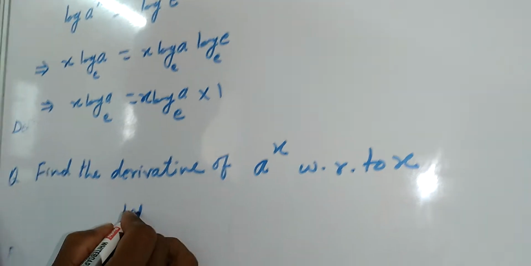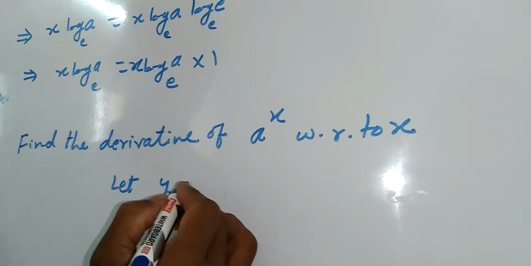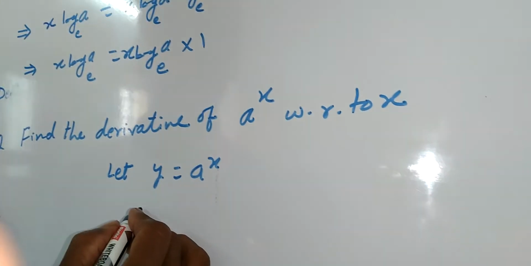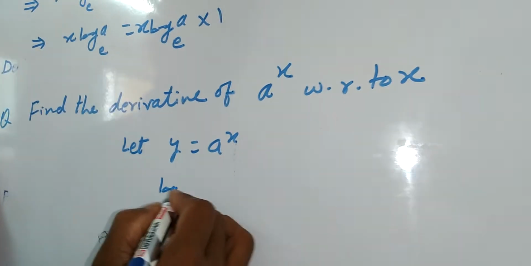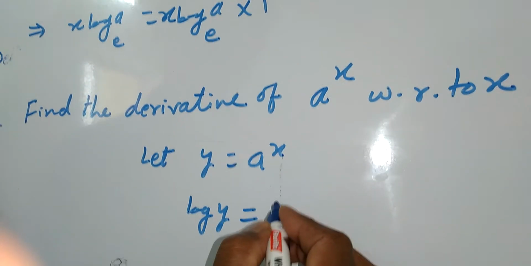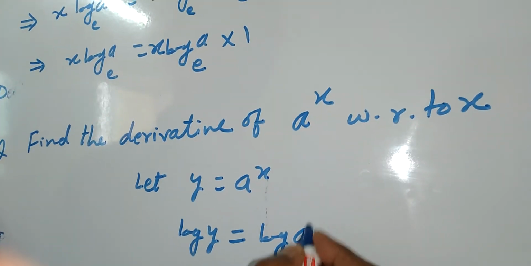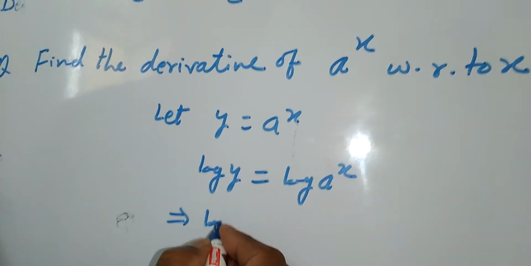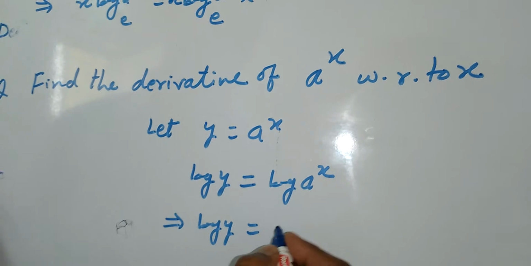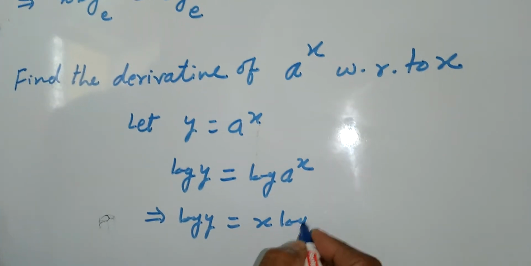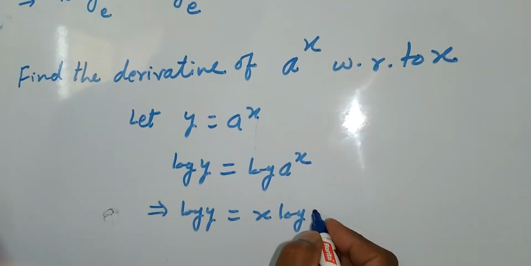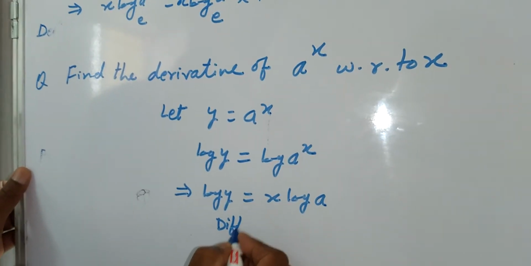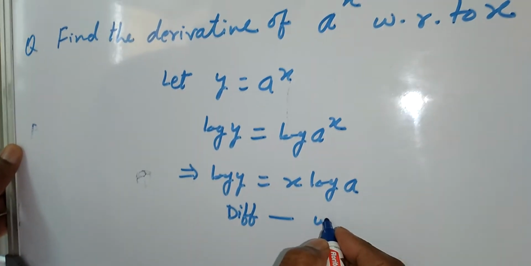So let y equal a to the power x. Now taking log on both sides, log y equals log of a to the power x. This implies log y equals x log a. Now differentiating both sides with respect to x.